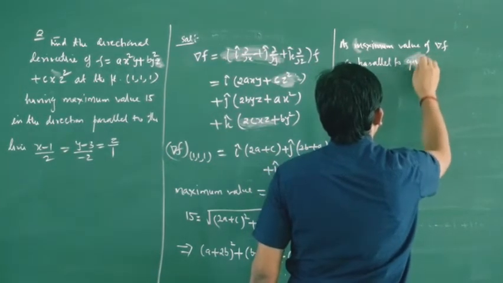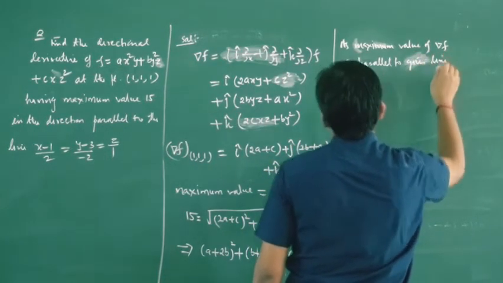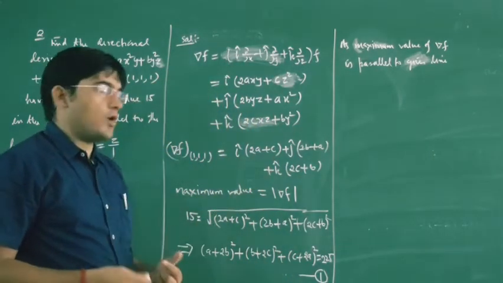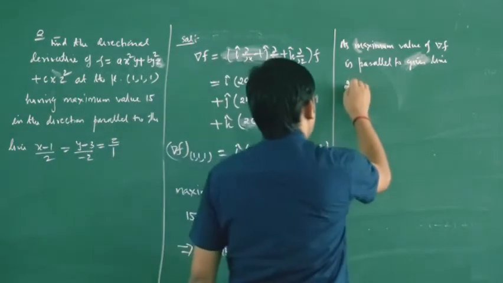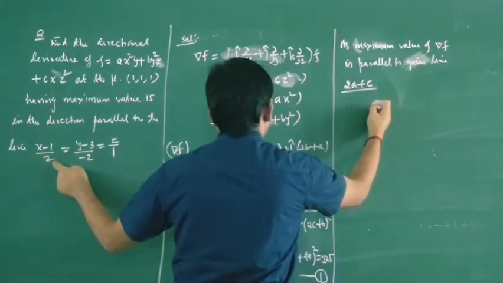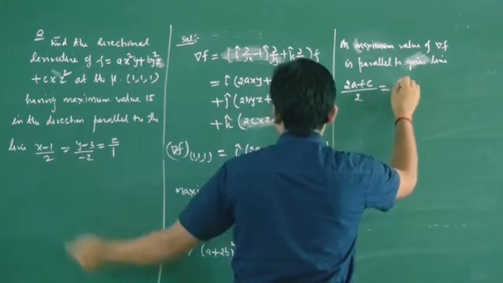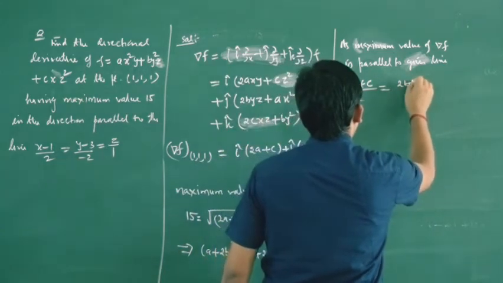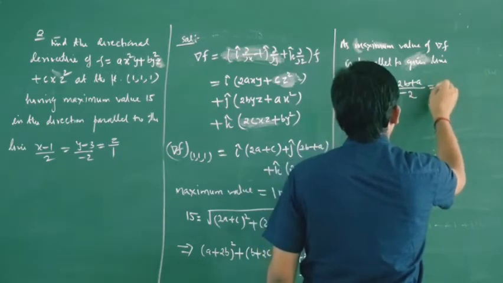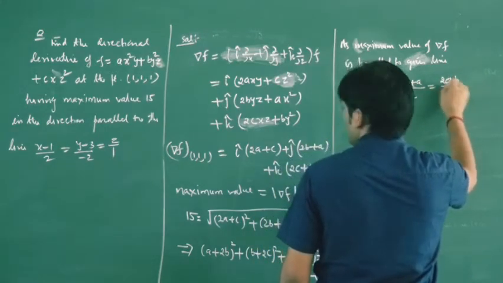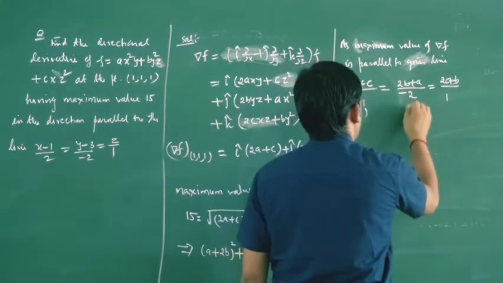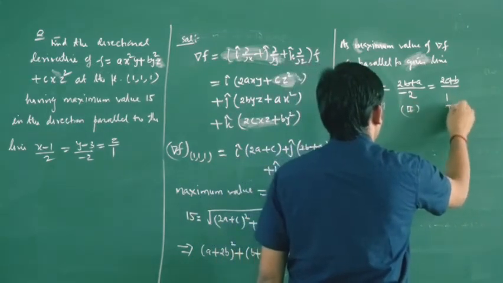Hence, as the maximum value of grad f is parallel to the given line, their direction ratios will be common, so we can write here: we have (2a + c), the component of y, and here we have 2. So this is equal to (2b + a) upon minus 2 and then (2c + b) upon 1. Say this is your first, this is your second and this is your third.